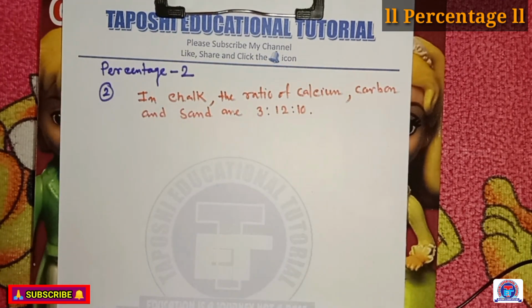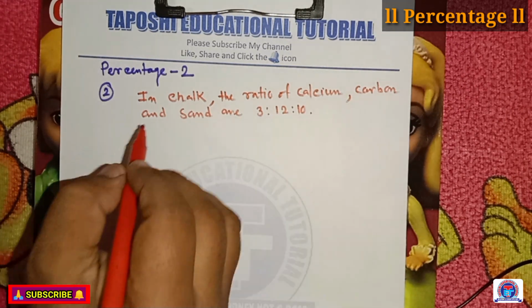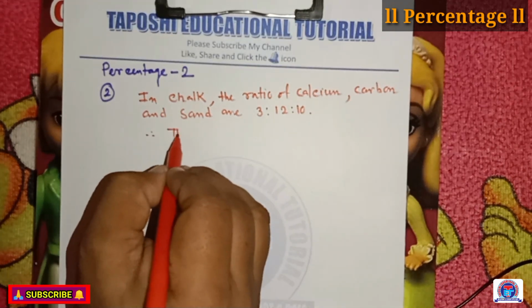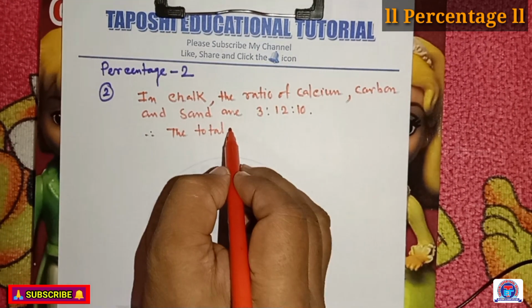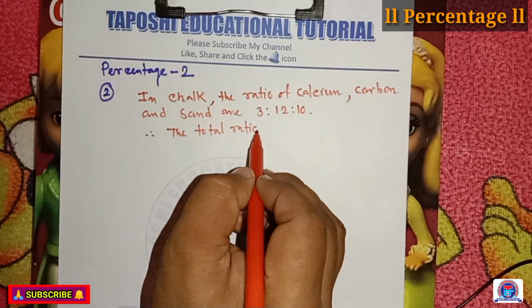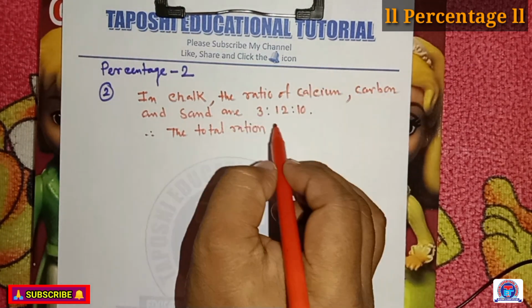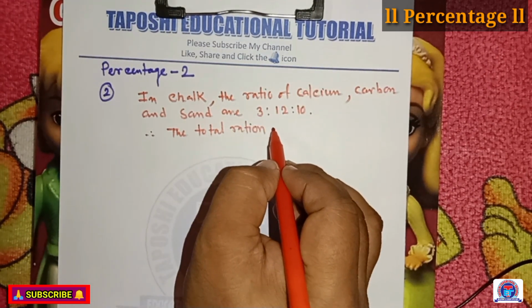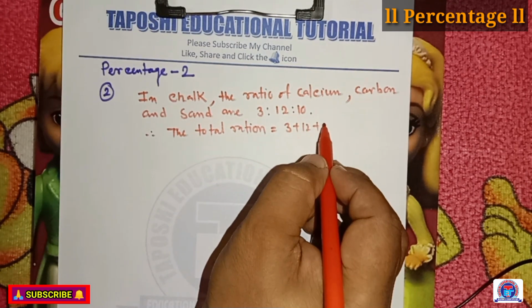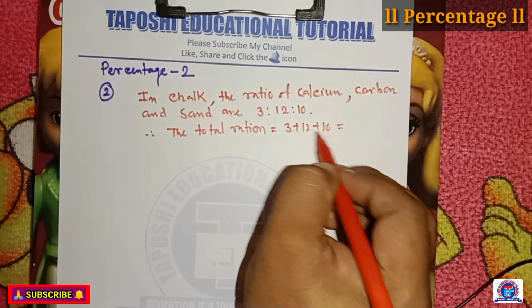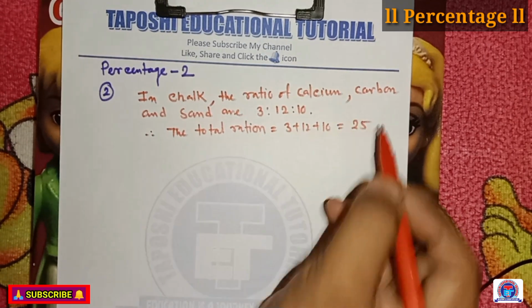Correct? Therefore, the total ratio of the given items here is equal to 3 plus 12 plus 10, that is 25. Correct?